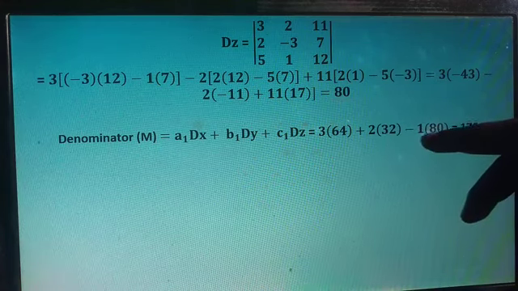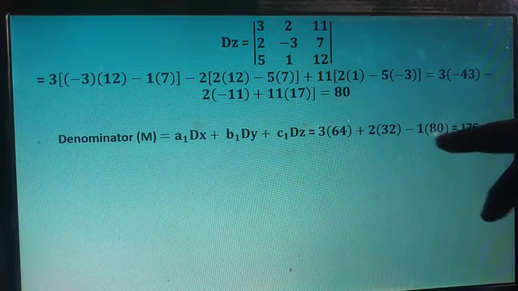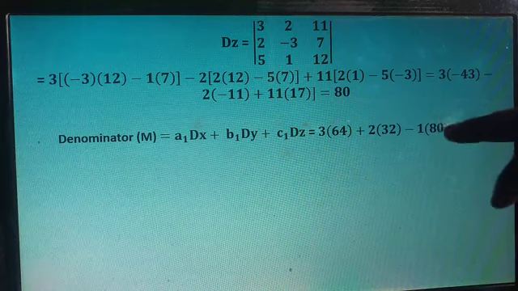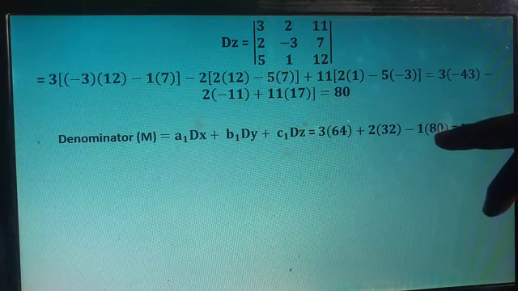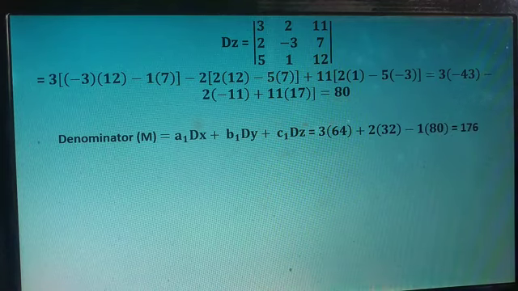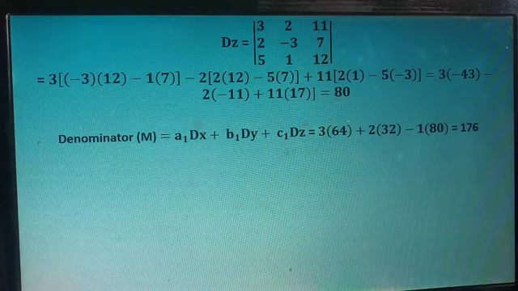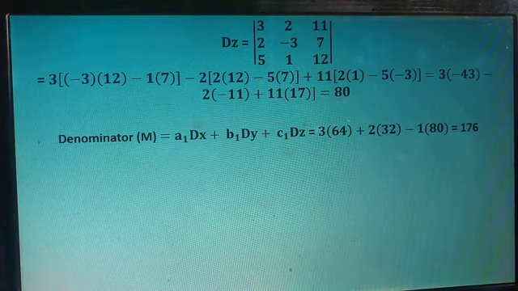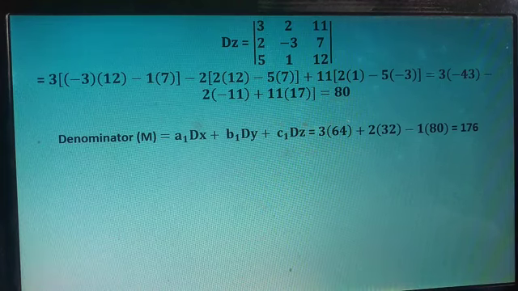Then I have negative 1 as the coefficient of z from the first equation, multiplied with the determinant of z. The overall result is simply 176. So we use that as the denominator. Check how the formula comes out.